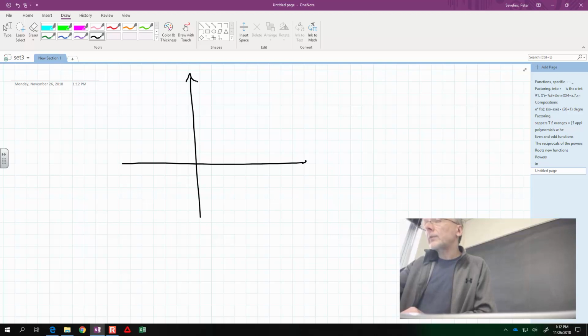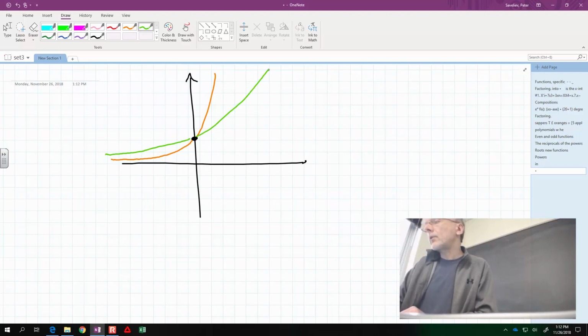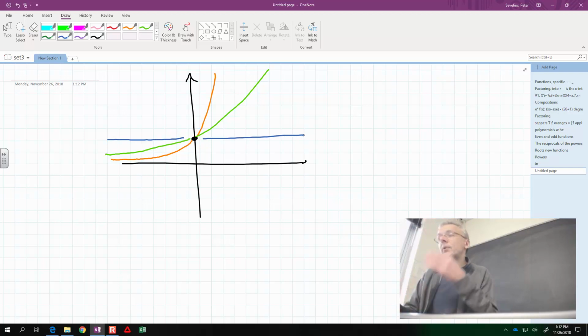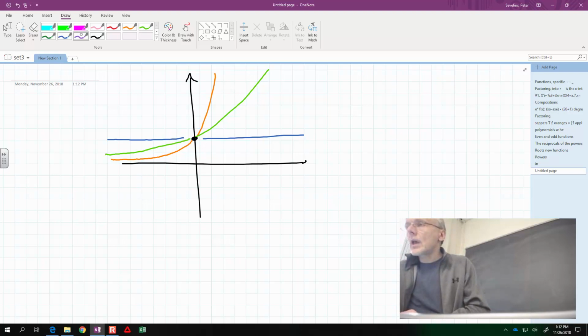All the exponential functions at once, they all pass through this point, and then you have a growth like this with decline here, and then you have a slower growth like this, and then there's an extreme case of a constant function that separates increasing from decreasing functions, and here I have a decrease like this.